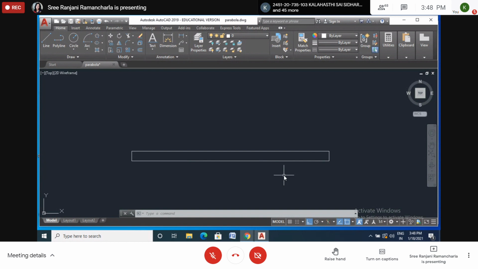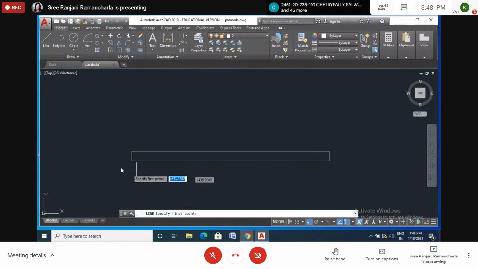How much is each part? How will you divide into 6 equal parts? You cannot do it directly.